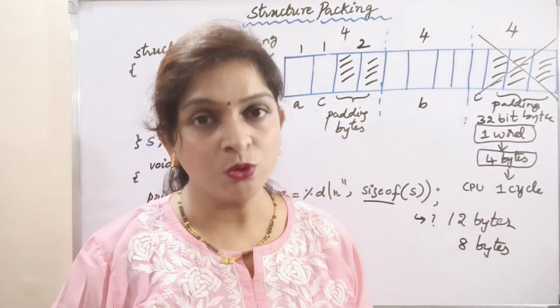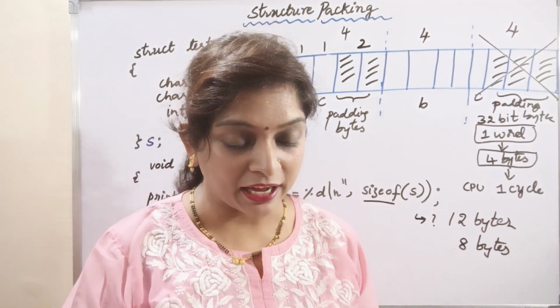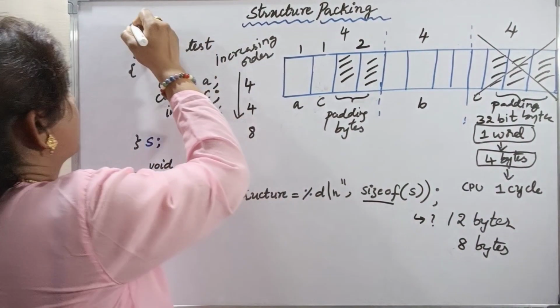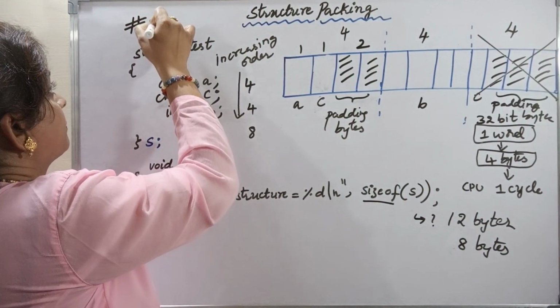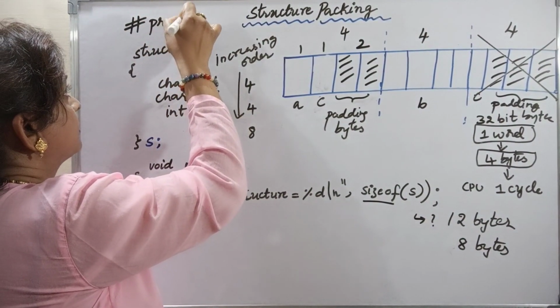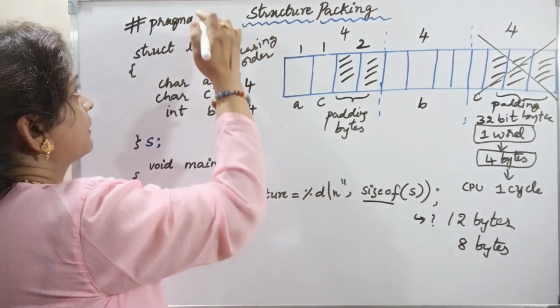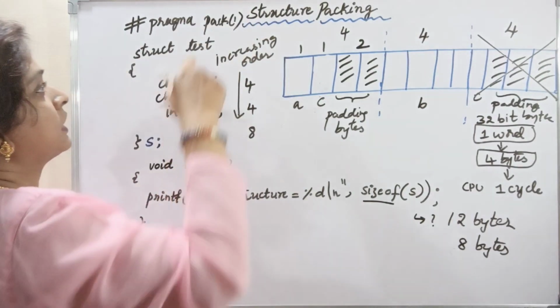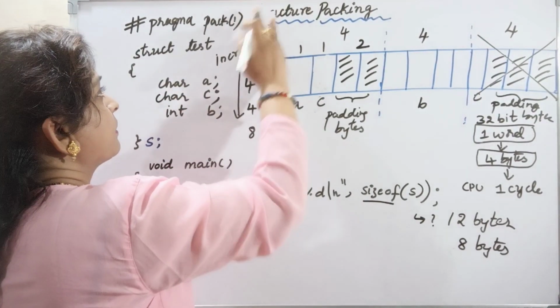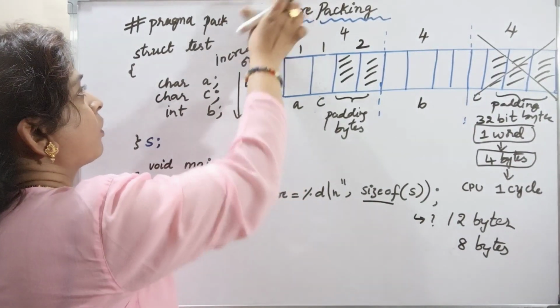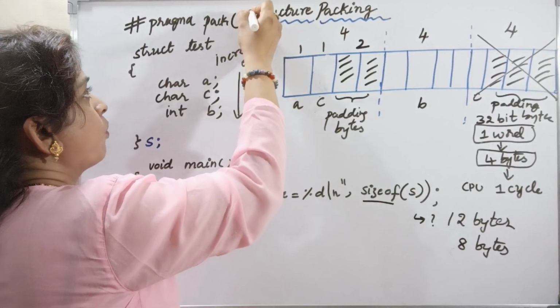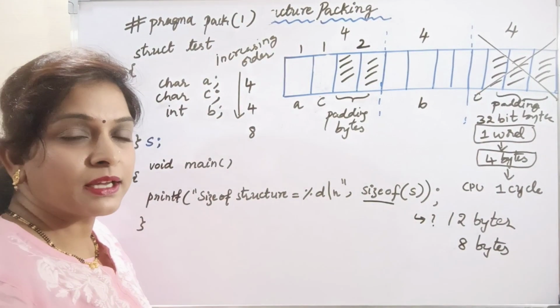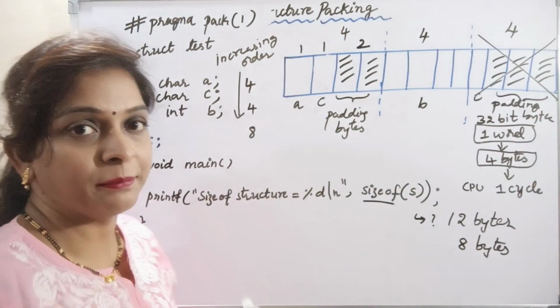So what we can do, we can have a directive called hash pragma pack of 1. Then the compiler is going to pack the bytes.